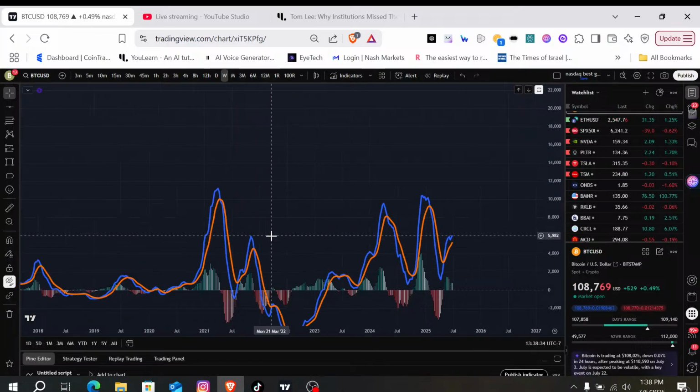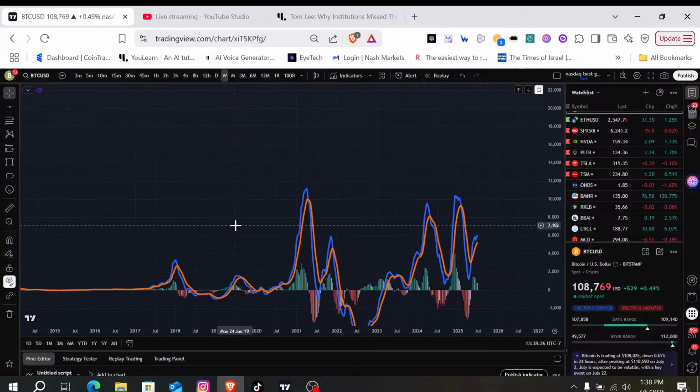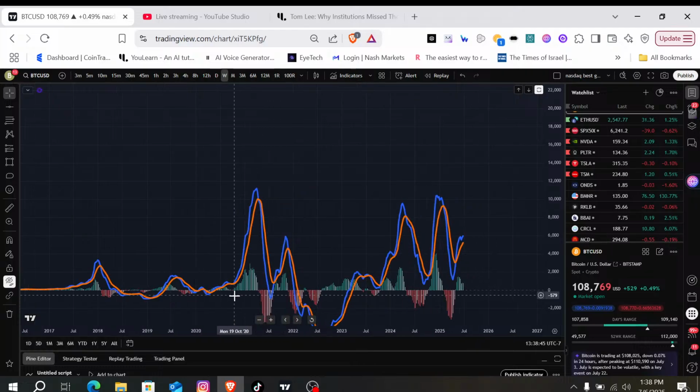So right here, look, if you pay attention, this is mimicking the market. It's just supposed to help you. When the blue line goes above the orange, it says we're going to rally. When it goes below it, we're going to dump. And as long as we're above these green lines, it's stronger.